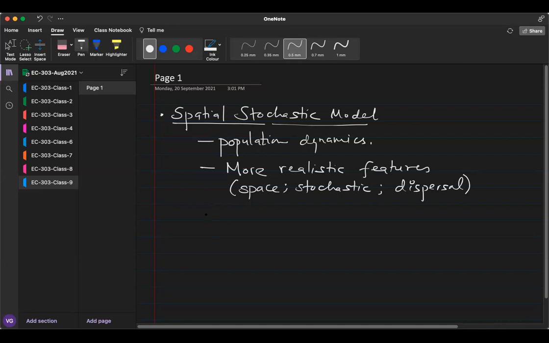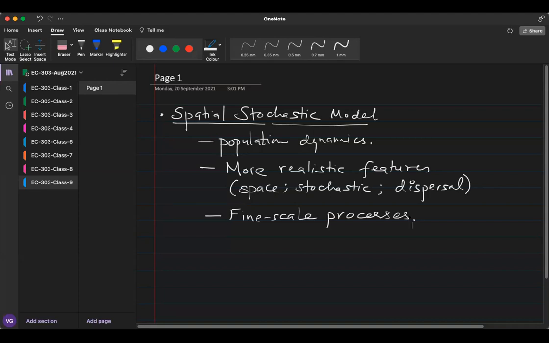And it also was different in the following sense. We were really defining very fine scale processes. Now, what were those fine scale processes? We were really talking about individual birth and death now.